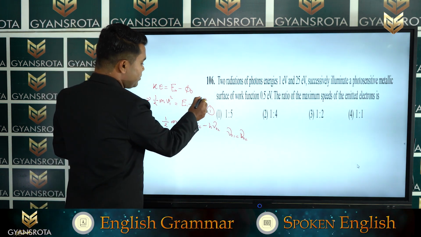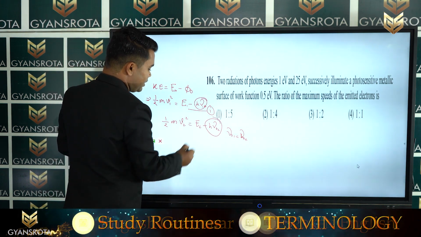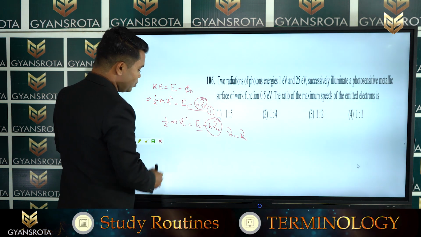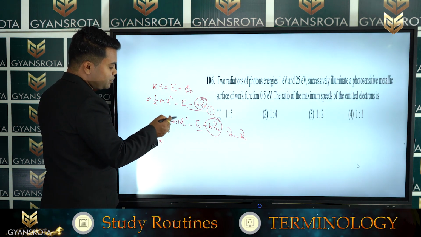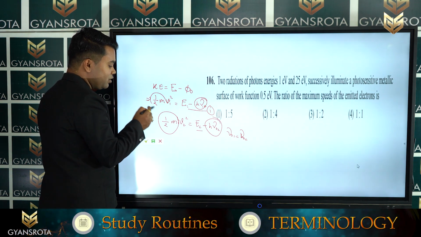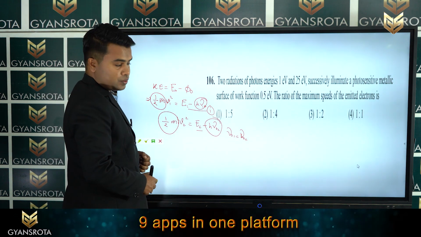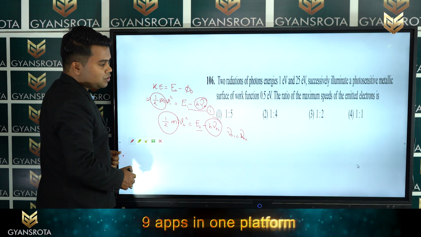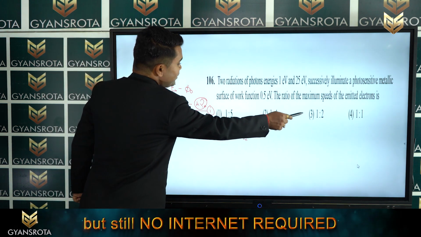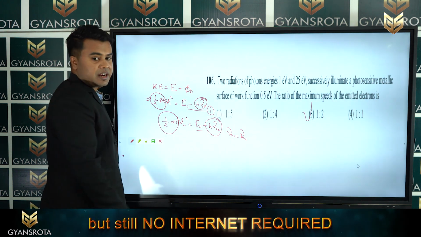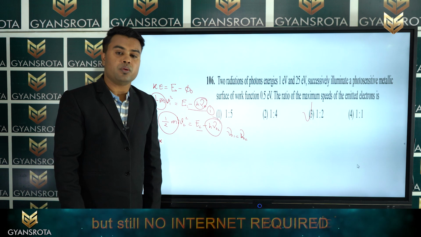So this whole term is going to be the same for both of them. E1 and E2 are given to you. If you take the ratio, this portion will get cancelled out, right? So you just need to find V1 by V2. If you calculate V1 by V2, your final answer comes out to be 1:2. This is the right answer for question 106.